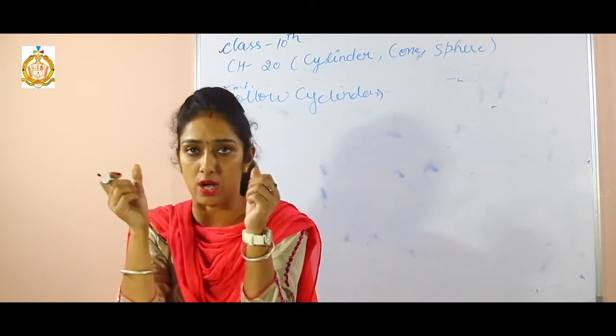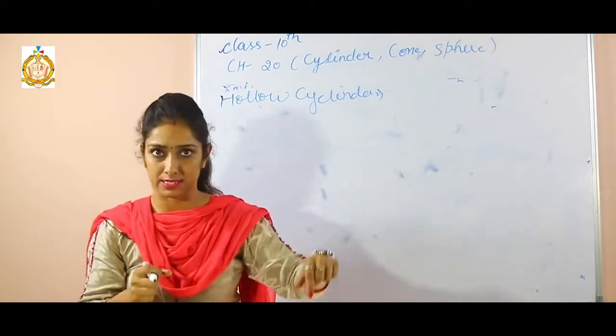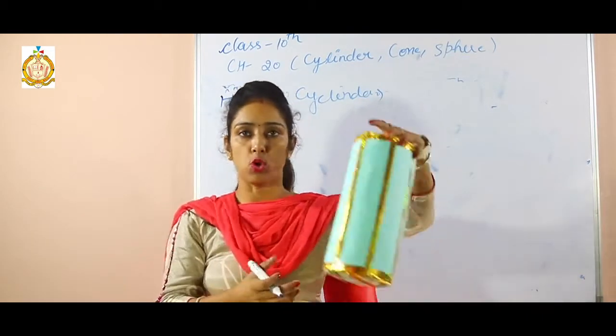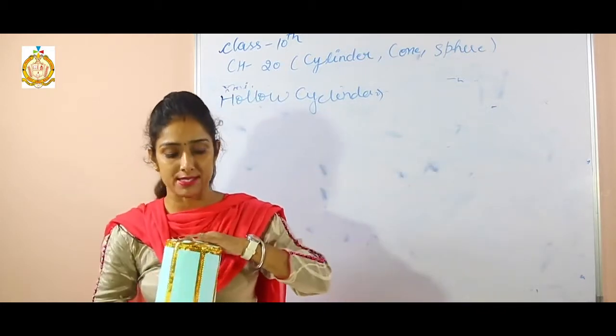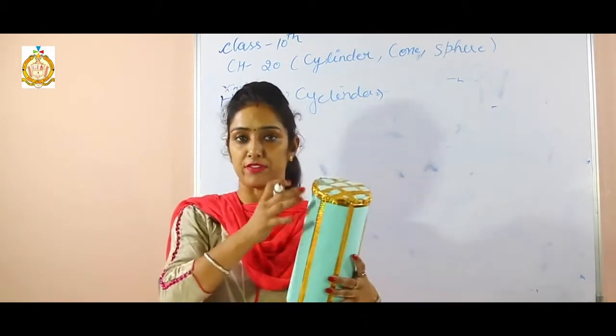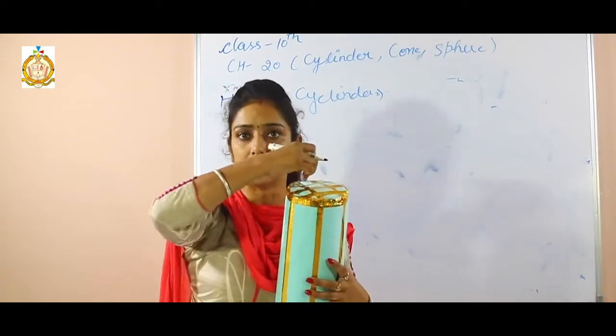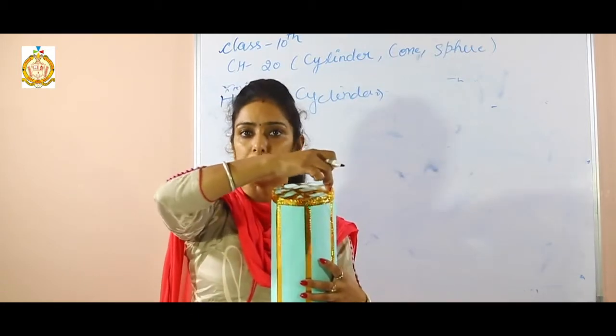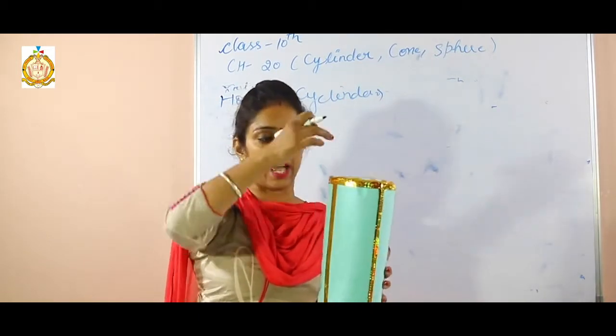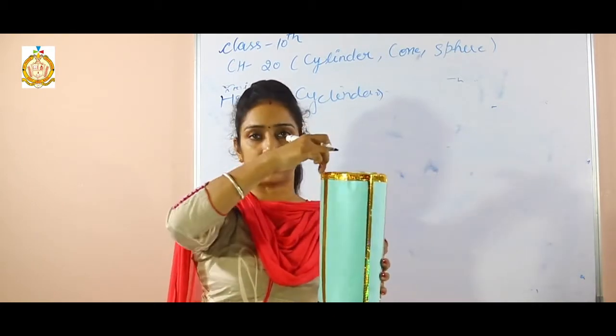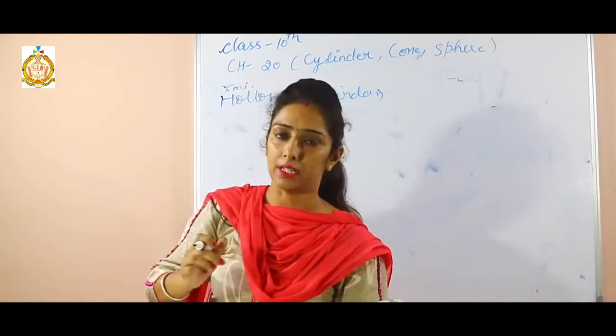Hollow cylinder is one which is empty from inside. Suppose this is empty from inside and there is some difference between its external and internal radius. The external radius is different from the internal radius.